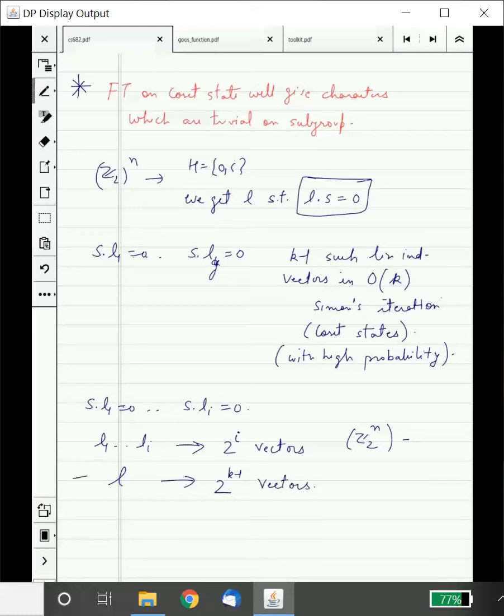This is the space or span of L1 to Li. That means the probability in the next iteration that we get a linearly independent L is more than, sorry, I should have it the opposite way, 2 to the power i divided by 2 to the power k minus 1, which is greater than half.